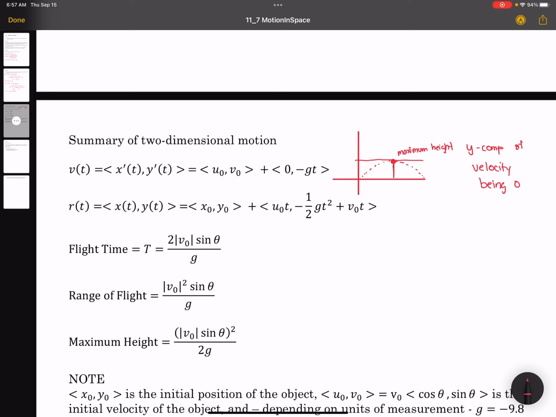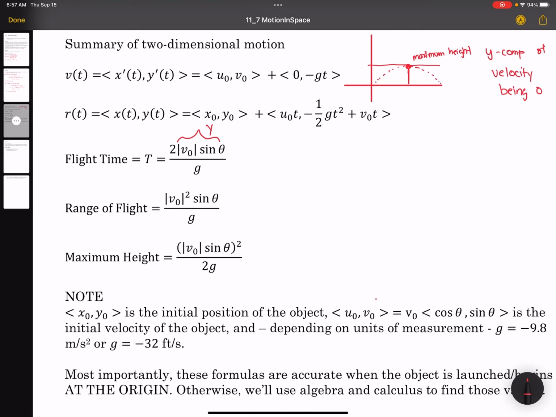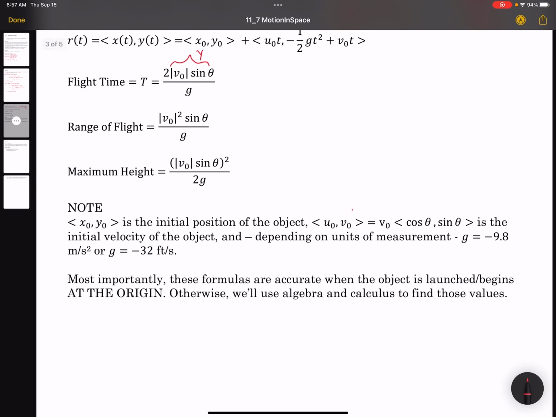And so these things like flight time, range of flight, and maximum height, if you have a formula and you like to remember that, cool. But it's all this V0 sine theta. This is really just a y value. So we can always derive this stuff if you forget. Again, I don't use formulas generally. I try to just derive everything as we're going along.